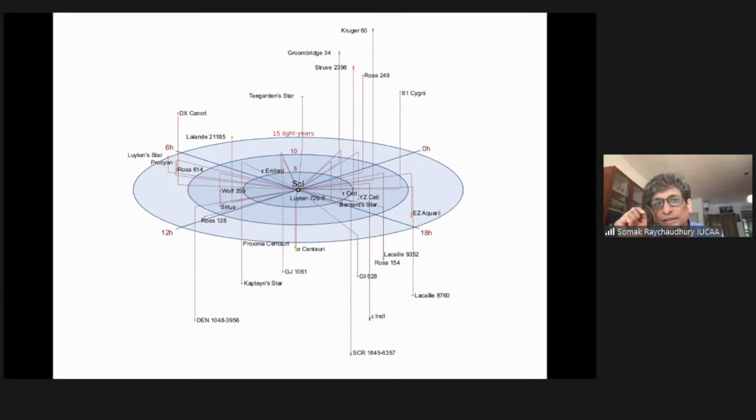It's interesting, this is in light years, not in parsecs, but it gives you a feel for how empty space is, because you can see that the average distance between the stars is about a light year or so, and even in the neighborhood of our star in the galaxy, things look pretty empty.